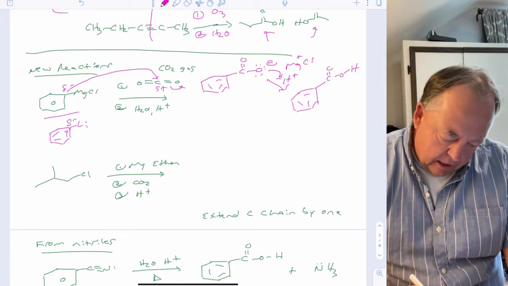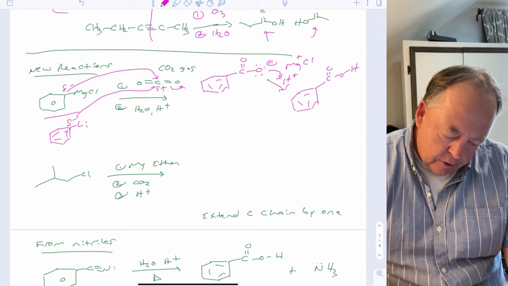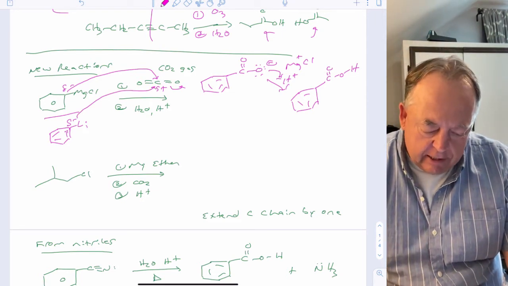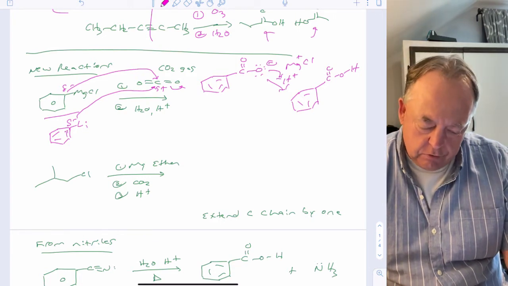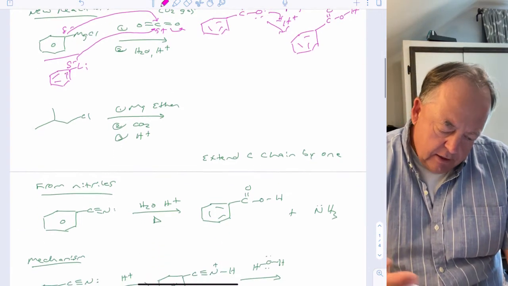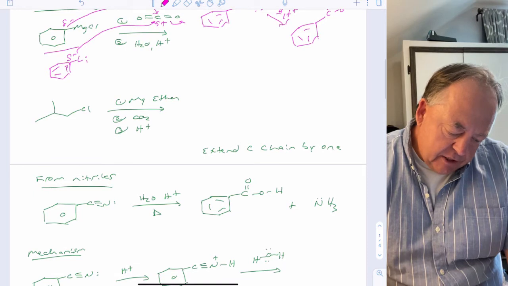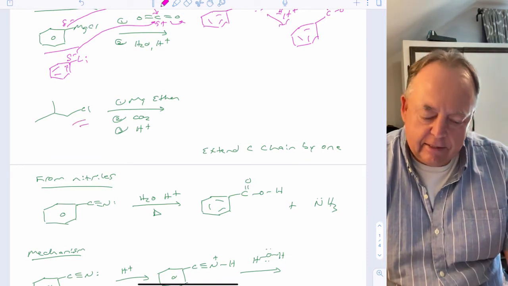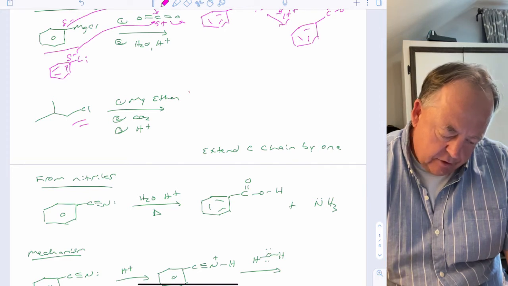And again, it doesn't matter if it's a Grignard reagent or an organolithium reagent. Carbon's partial negative in both cases, so that would attack the partial positive carbon of CO2. Okay, so if you did this sequence of reactions, if you remember how to make Grignard reagents, you take an alkyl halide and react it with magnesium, typically dissolved in ether.